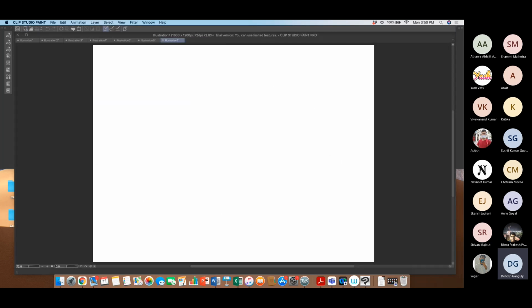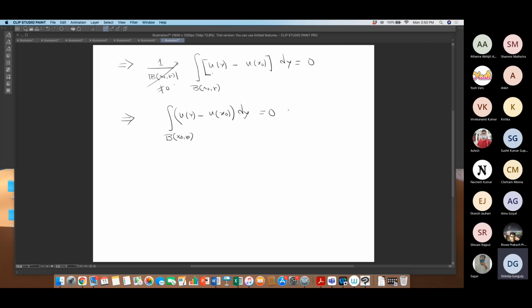Now this implies 1 over the measure of B(x naught, R) times the integral over B(x naught, R) of u(y) minus u of x naught dy equals 0. Since R is positive, the measure of the ball is non-zero. So this implies the integral over B(x naught, R) of u(y) minus u(x naught) dy equals 0.